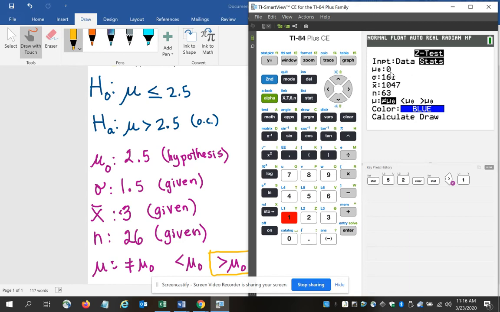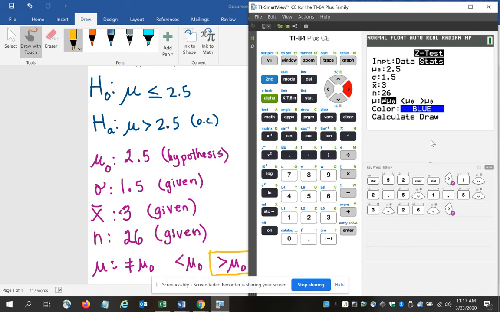And then I'm going to begin to enter the data from my problem onto my calculator. So my population mean was 2.5. My population standard deviation was 1.5. My sample mean is 3. My sample size was 26. Then I want to select which one I'm doing, and I'm doing a greater than.